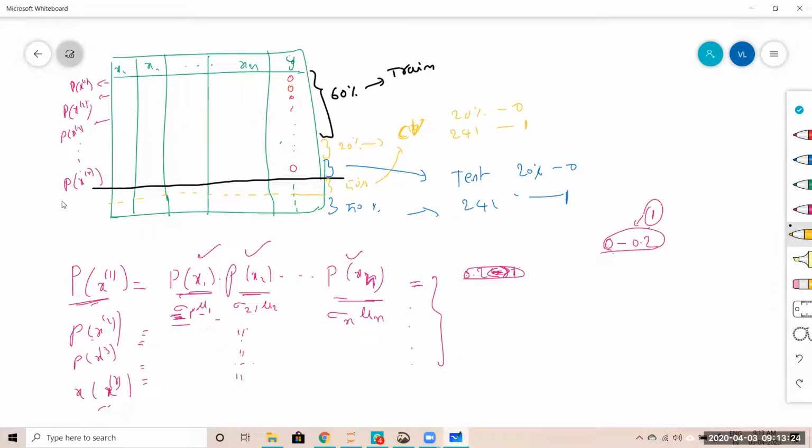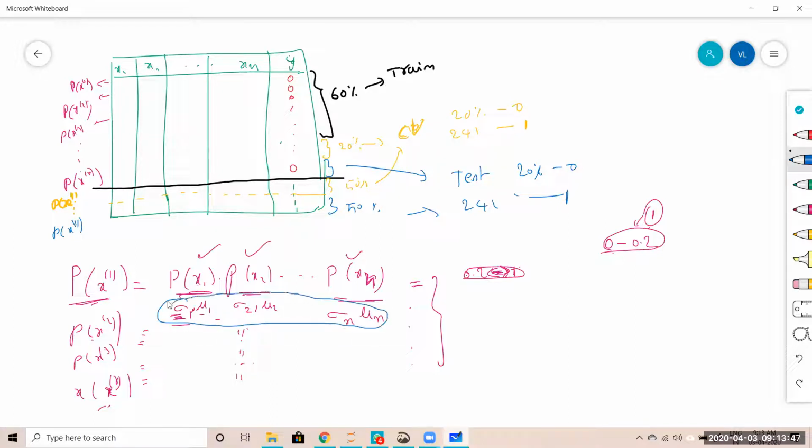On the cross validation set, we'll calculate probability, and on the test set also, we'll calculate probability. While calculating probability on the test set and cross validation set, I am using the sigmas and mu's calculated on the train set.